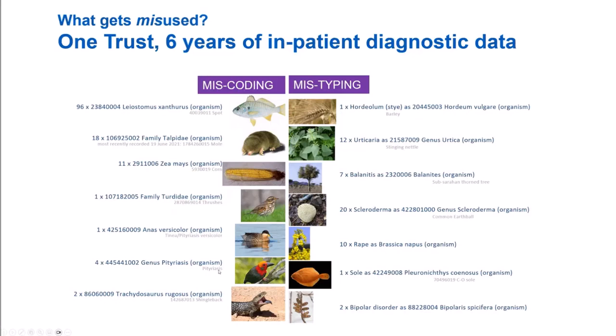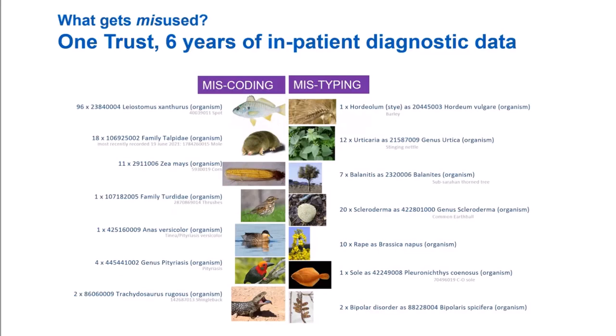Here's a variant of the same thing, just pityriasis, which is this, slight thickening of the skin, where they've picked a code which actually corresponds to a tropical bird. Shingleback, I'm guessing, is a typo or some variant looking for shingles on the patient's back, possibly.